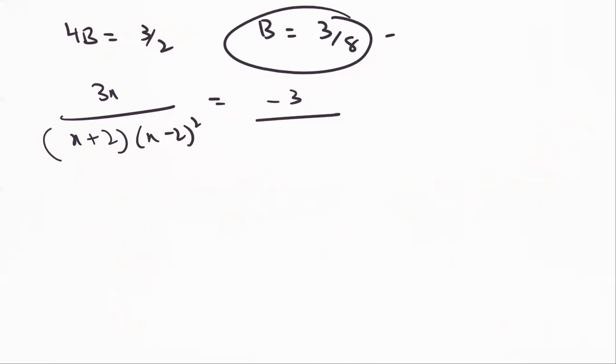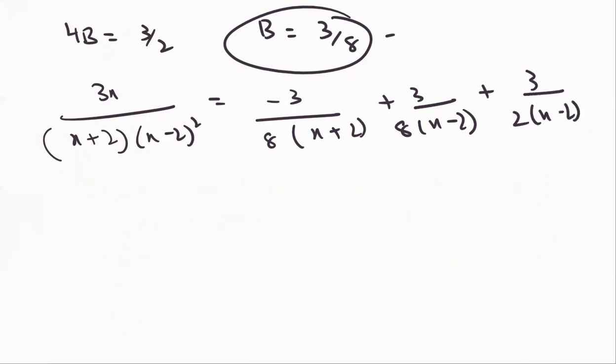So writing it further in the form minus 3 over 8 x plus 2 plus 3 over 8 x minus 2 plus 3 over 2 x minus 2 square. Okay. Now this is solved using the cover up method.